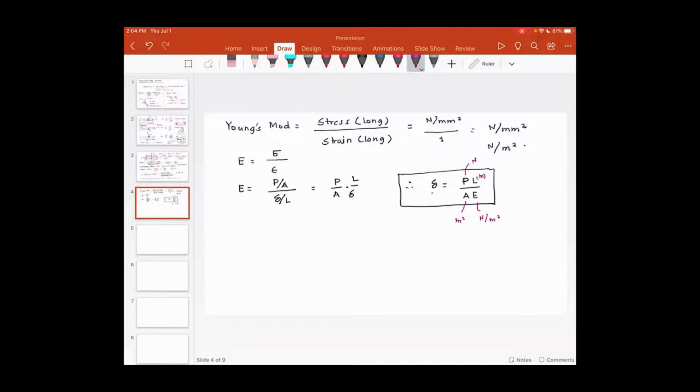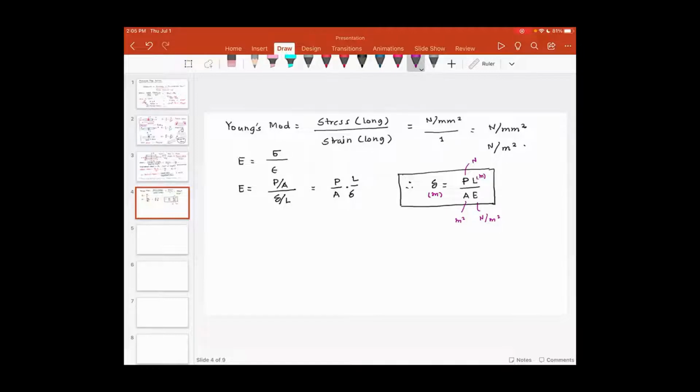That will give you the value of delta in meters. If your length is in millimeters, Young's modulus has to be in Newton per millimeter square, and area has to be in millimeter square. So you want to be super consistent with this equation.